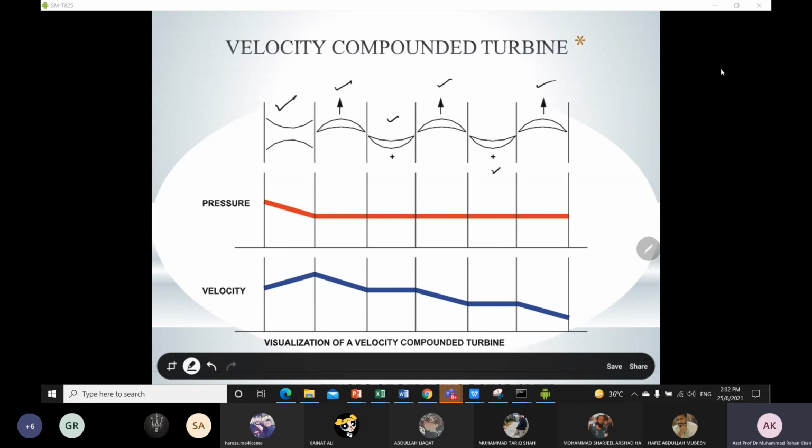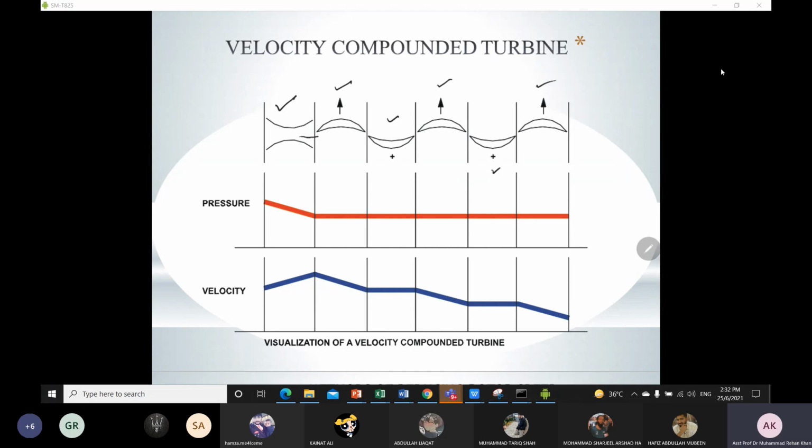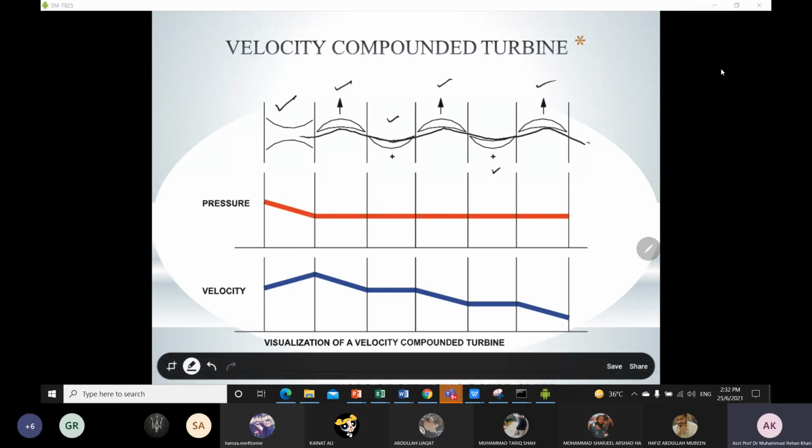The purpose of the fixed blade, for example, is that if the flow comes from the nozzle and hits your moving blade, then in order to redirect the flow again to the moving blade, the fixed blade is used. So the fixed blade just reorients the flow towards the moving blade, and in the same pattern it redirects the flow again. This is the basic purpose of the fixed blade in velocity compounding.